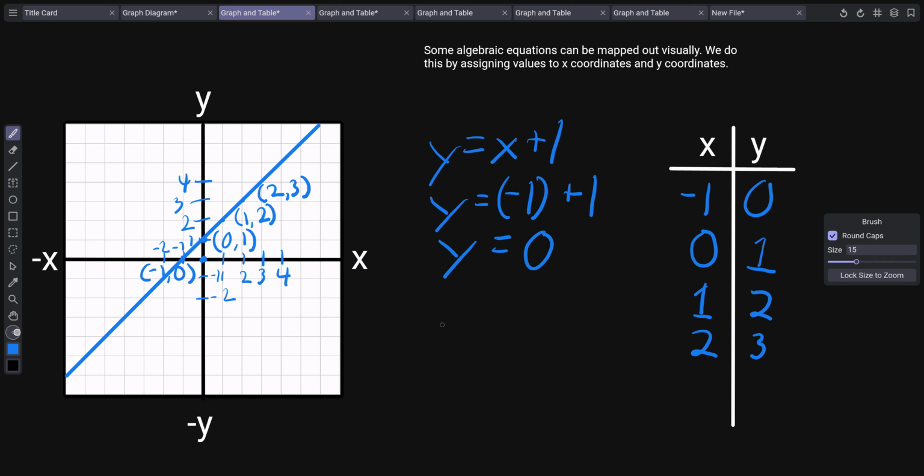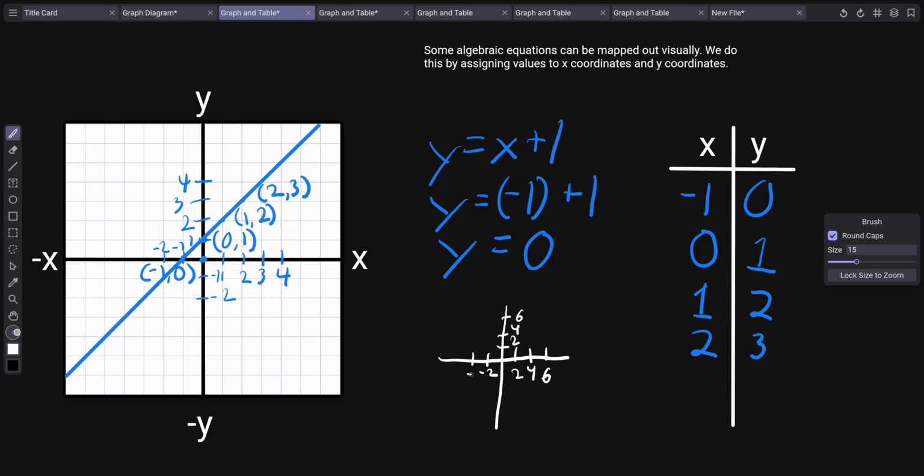But we could have used another increment. So I'll do a rough sketch of a graph here. We could have had this graph, and then we could have had it go by 2s. So we could have done 2, 4, 6, 2, 4, 6, and then we would have went that way in the negatives as well.